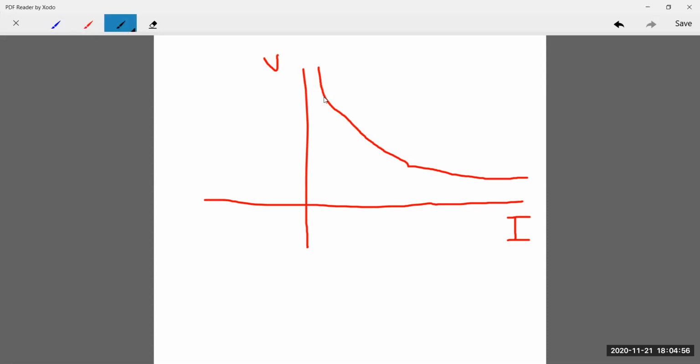Yes, sir. Now, let's say we wanted to find the gradient between this particular point, let's say this is an I value of a, and an I value here of b. How do we find the gradient between here and here?